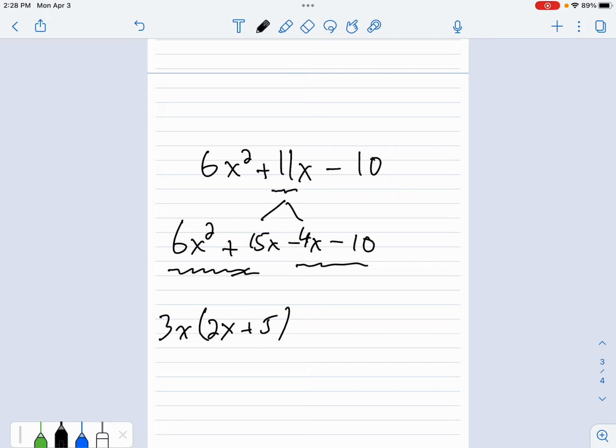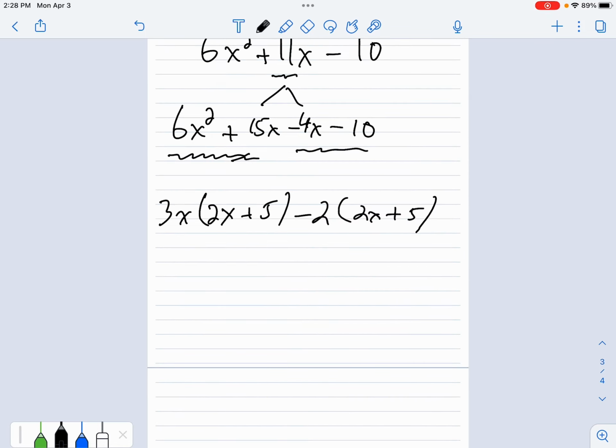Likewise, I ask the same question with minus 4x and minus 10. What's the greatest common factor? In this case, that would be minus 2. I factor that out, and then you get 2x plus 5. You're in really good shape if you have the same thing inside the parentheses both times, which we do. It's 2x plus 5.